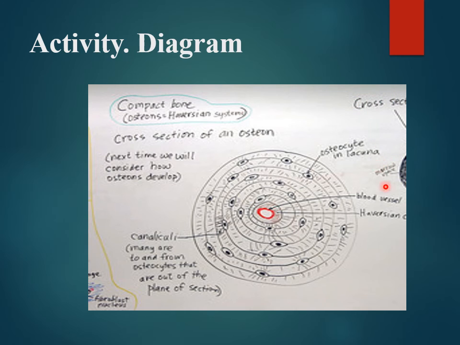Don't draw this part. Equally, when you come here, just label canaliculi. Then you exclude this portion. More about canaliculi is in your notes. You exclude this portion, and then you also exclude this. Just indicate the compact bone. The title here is compact bone, and then you give the parts.